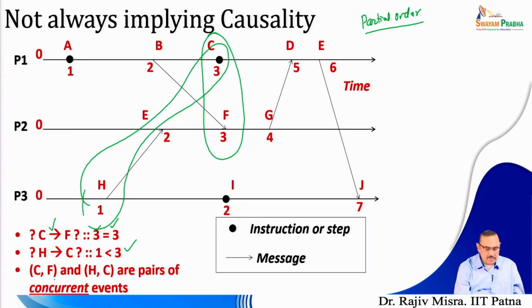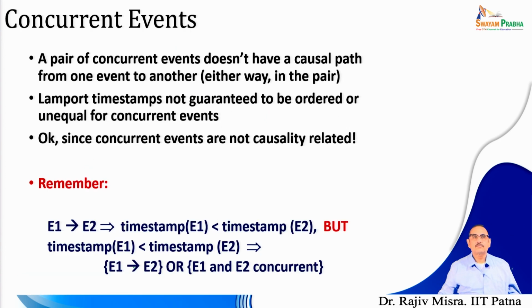Now, the C-F and H-C pairs, which are not related causally, are called concurrent events. A concurrent event means a pair of events that does not have a causal path from one event to another, either way in a pair.